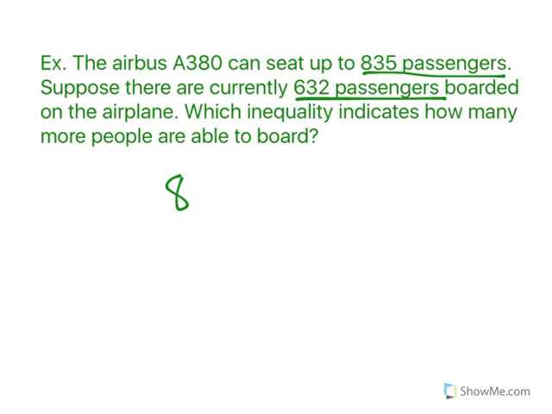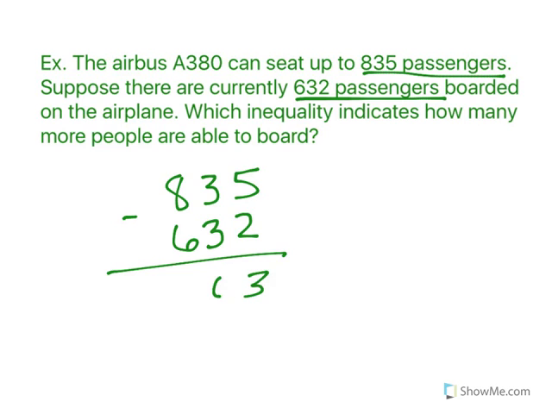I have 835 passengers, and currently there are 632 on board. So I'm going to subtract these to figure out how many more are able to board. If I subtract, I'm going to get 203. And I'm going to use the variable p for passengers.